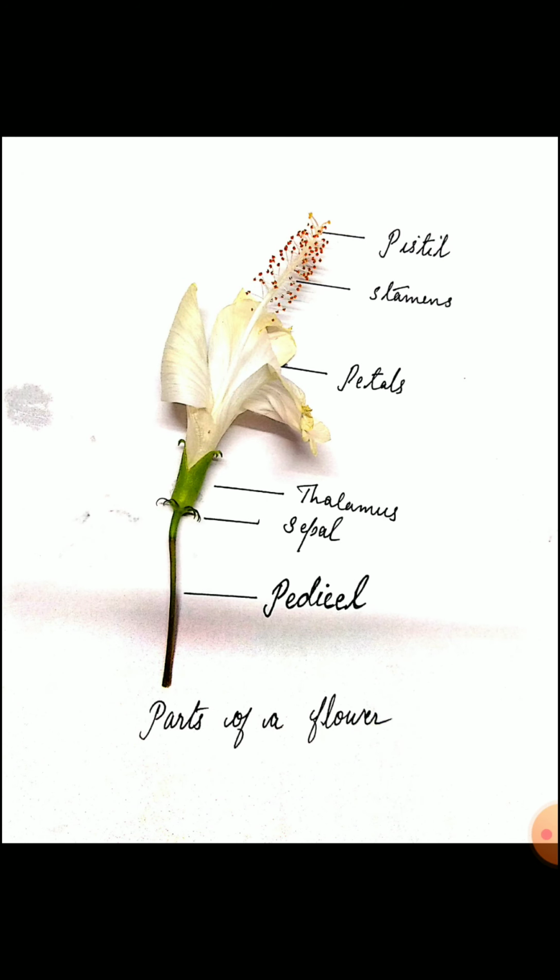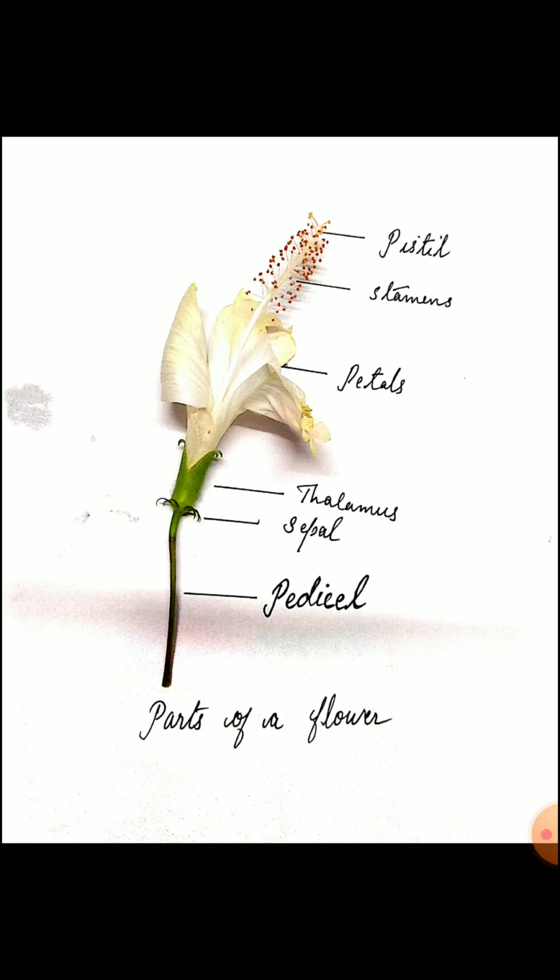Now, which are the parts of a flower? Look into the diagram. You can see different parts are labeled: pedicel, sepal, thalamus, petals, stamens and pistil. So these are the different parts of a flower. Next we will learn each and every part with their functions.